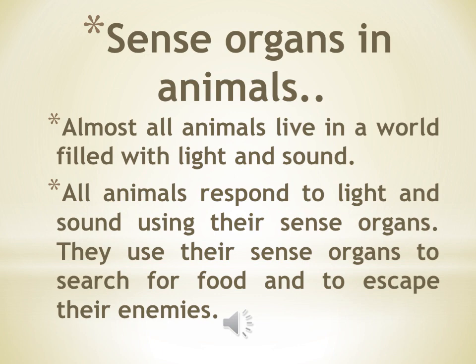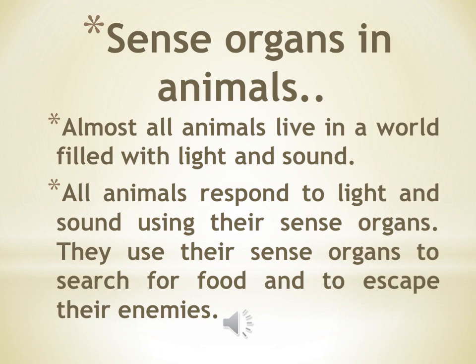You know that we have 5 sense organs: ears, eyes, nose, tongue and skin, and each and every animal uses their sense organs to search for food and to escape their enemies.